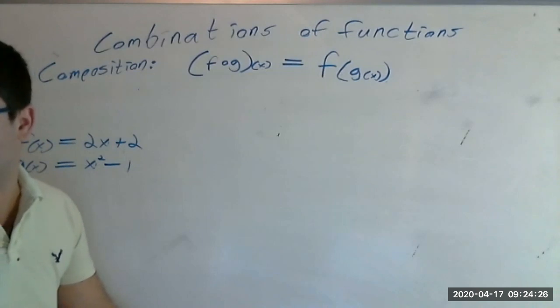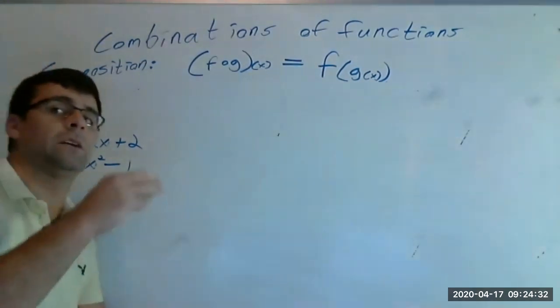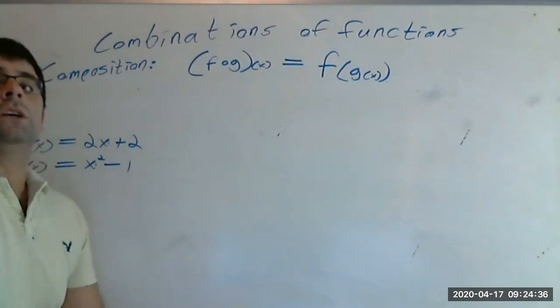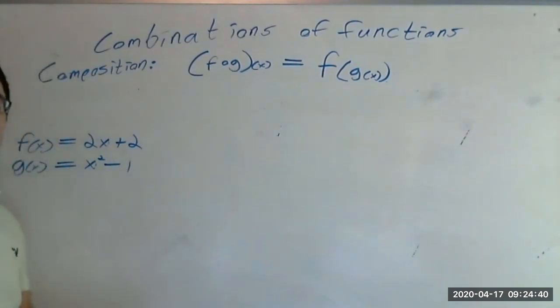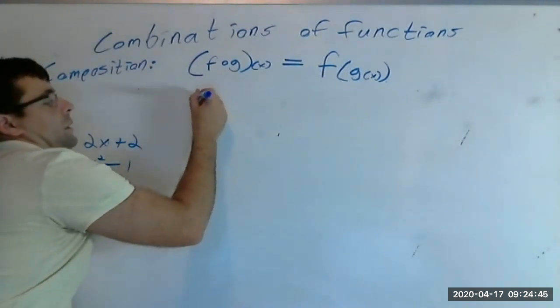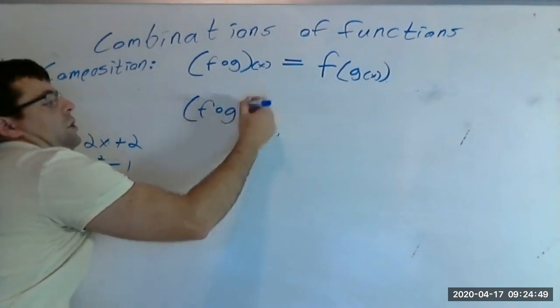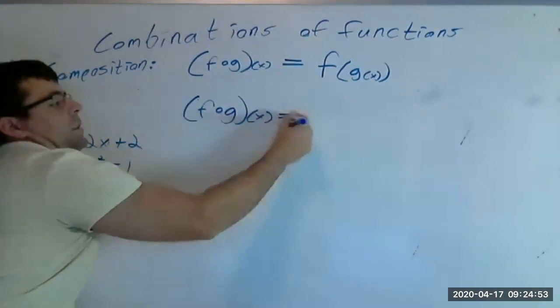But it's the same idea, and it comes from this idea to write. You're literally writing one function with the other function. So using these two, what does f of g of x equal?